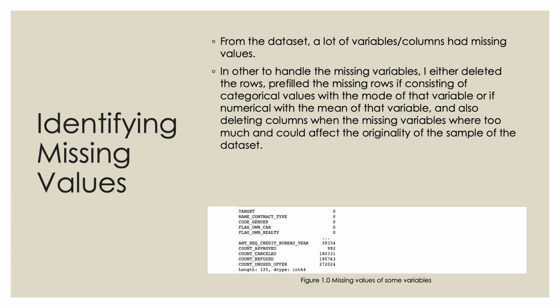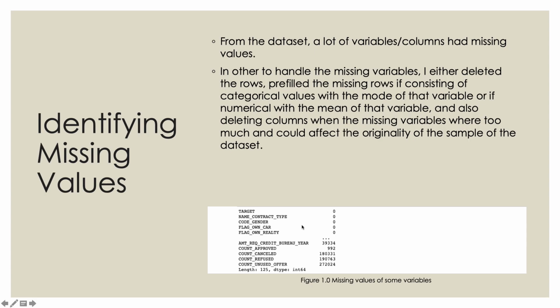Next, identify missing values. The very first step, when I received the data set, was to identify missing values, and there were a lot. Many columns and rows had missing data. The count approved, count cancelled, and count refused variables were missing because I merged them from a previous data set, and not every client would have an offer cancelled, approved, or refused.